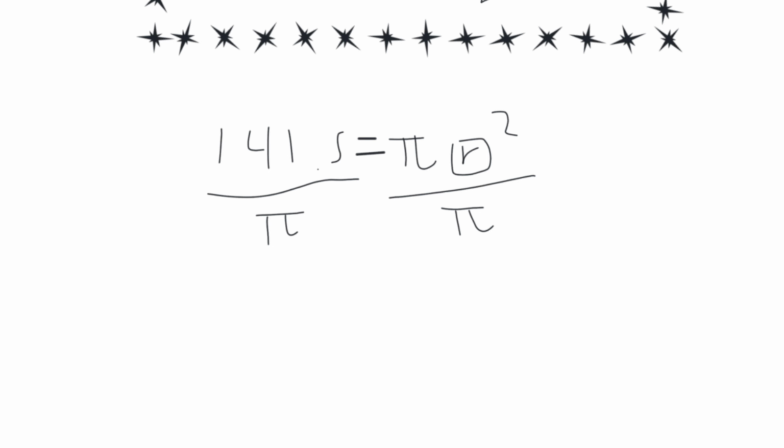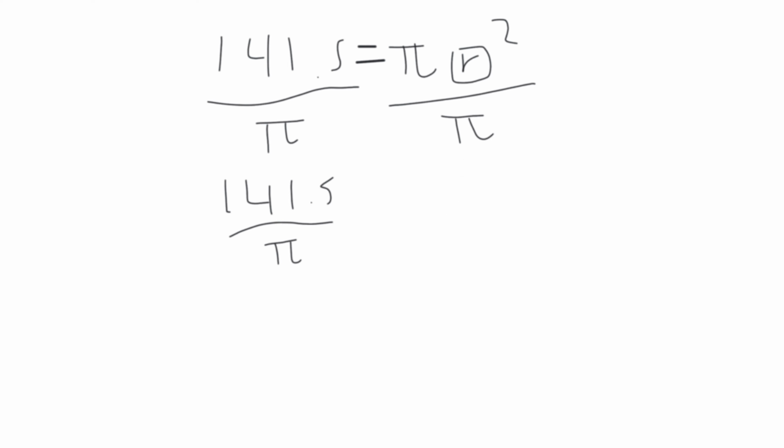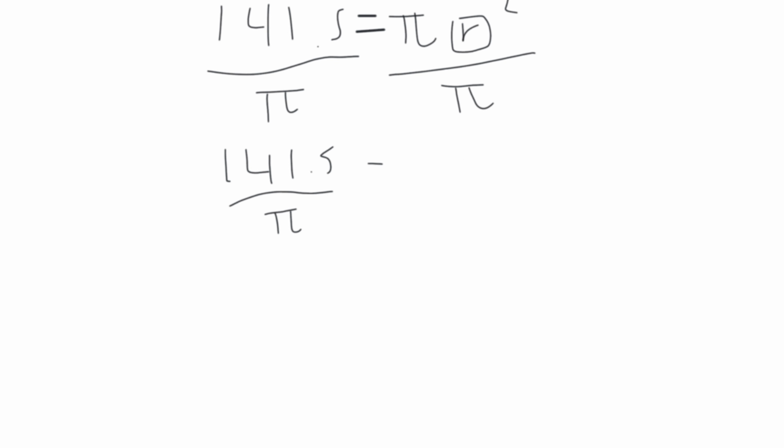So 141.5 divided by pi is equal to r squared. So then we have to do a square root to get rid of this.